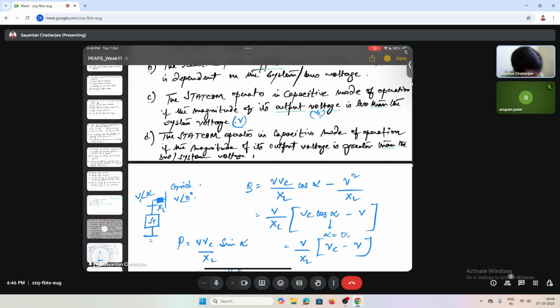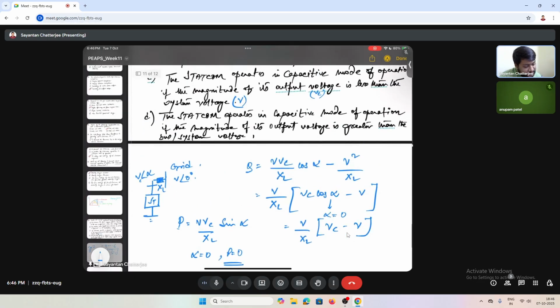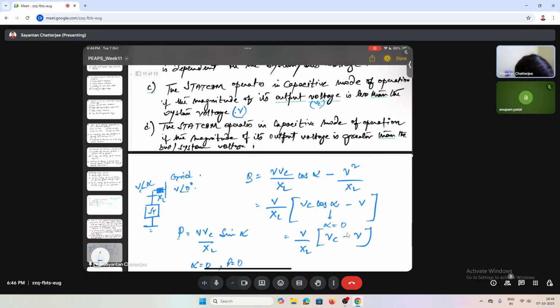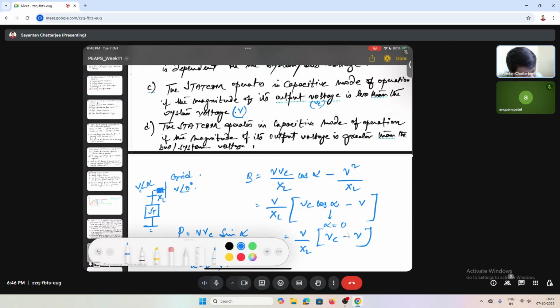If Vc is less and V is more, then this case is for inductive, not capacitive mode of operation.